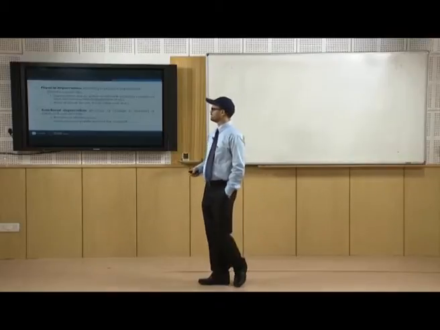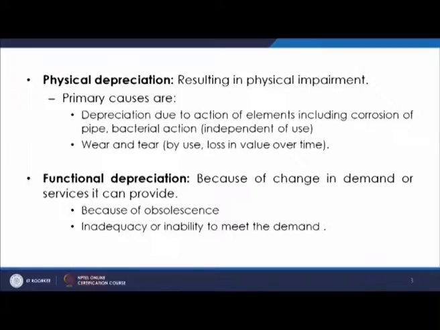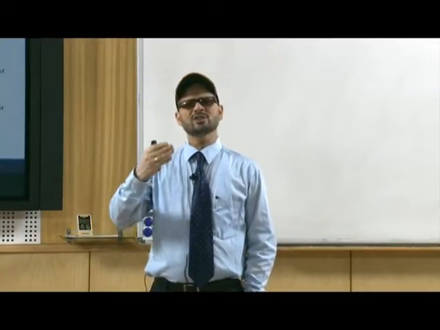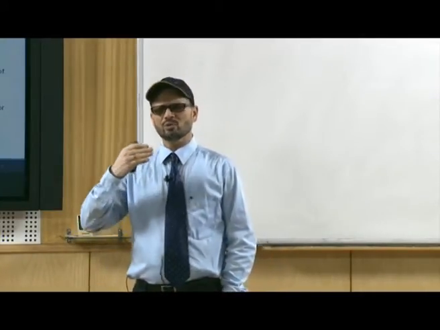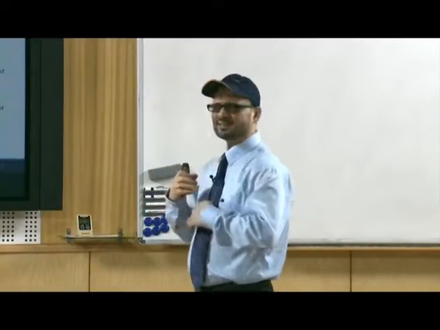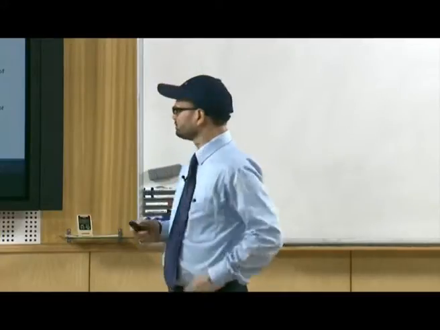What is physical depreciation? Physical depreciation is because of the physical impairment of the material. If it is a running element, a machine which is permanently used or which has mating parts, then certainly there will be natural wear and tear.